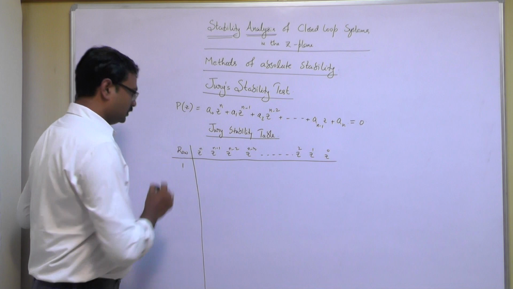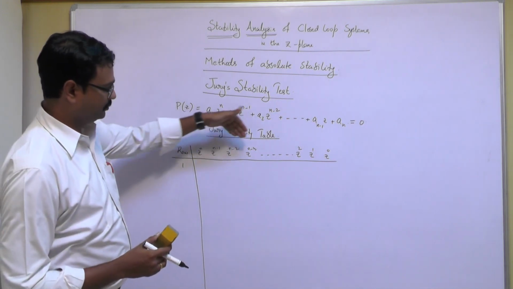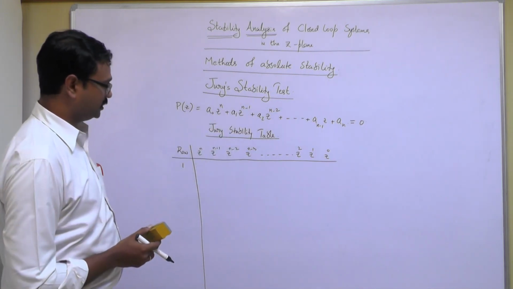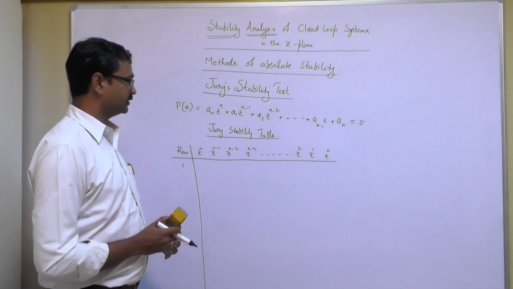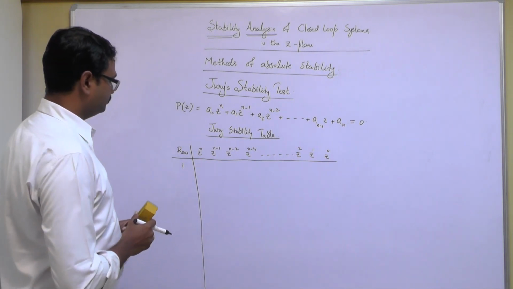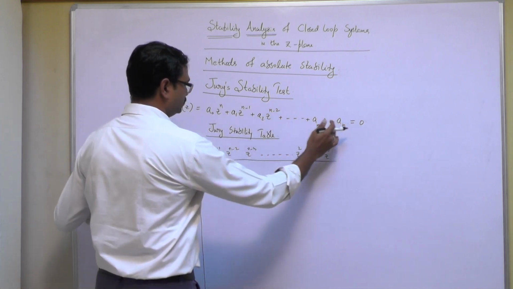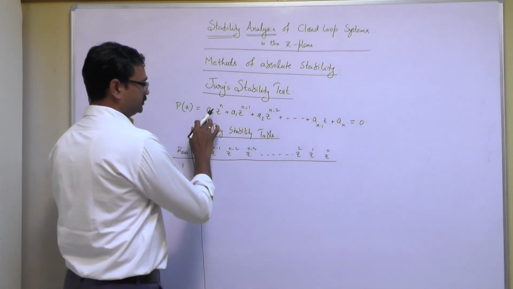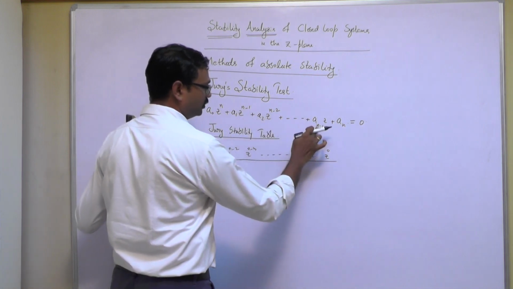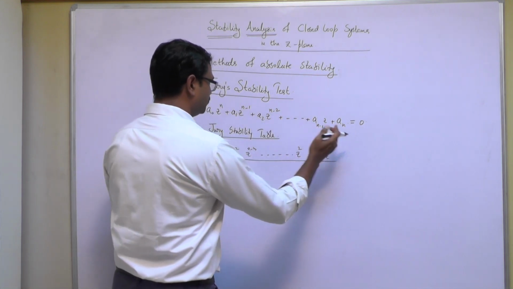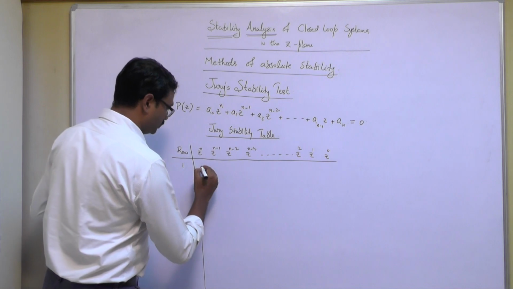Now the coefficients of z power n, z power n minus 1, and so on will be considered here. First thing we will have to understand is that the coefficients a0, a1, a2, and so on, an minus 1, an will be written in the reverse order.